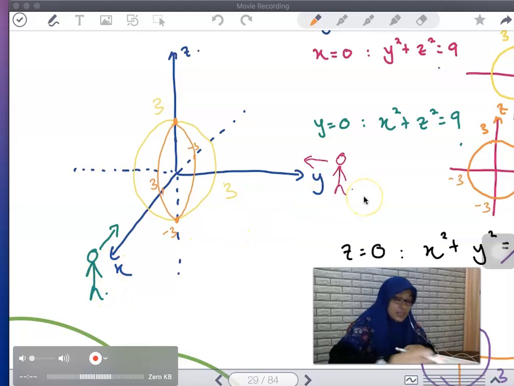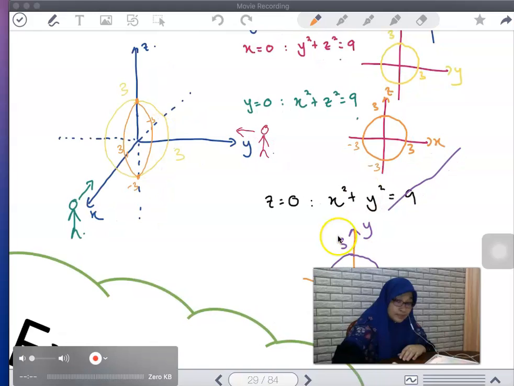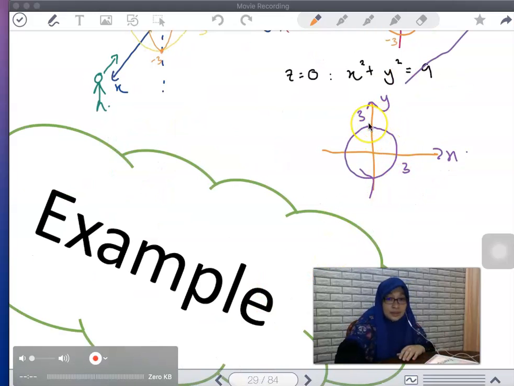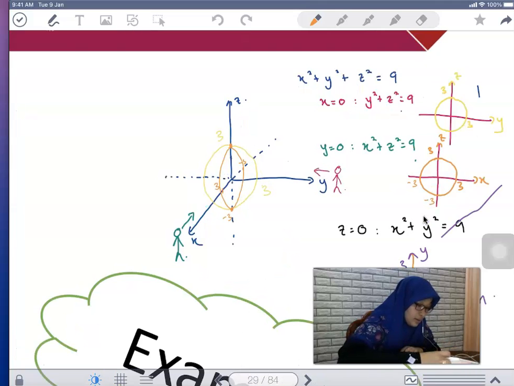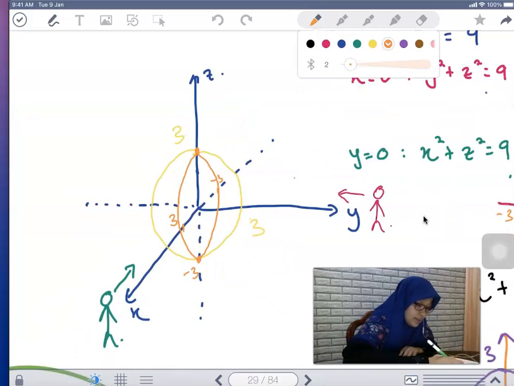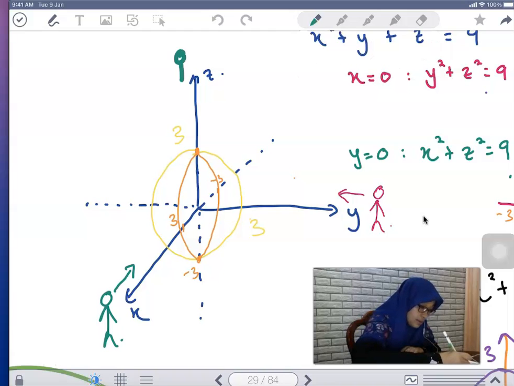Now the third trace, trace is this one. Okay, 3, 3. So Y-X plane. So it happens when you are standing here and you're looking down.